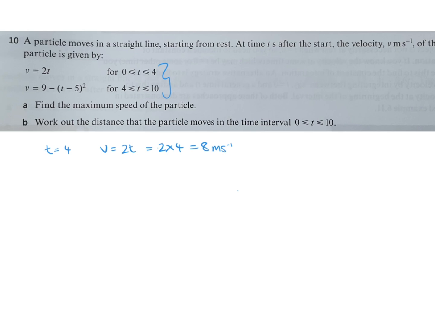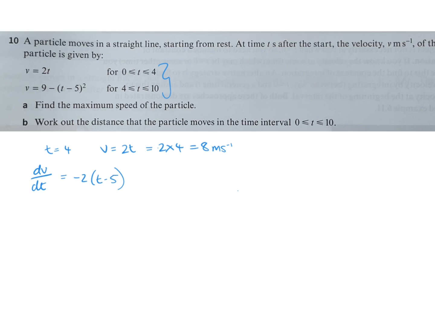The second section is a negative quadratic. So for this, the maximum speed could potentially be at the maximum point. To find this maximum point, I'm going to differentiate. So I'm going to find dv by dt, which in this case is going to be minus 2t minus 5.